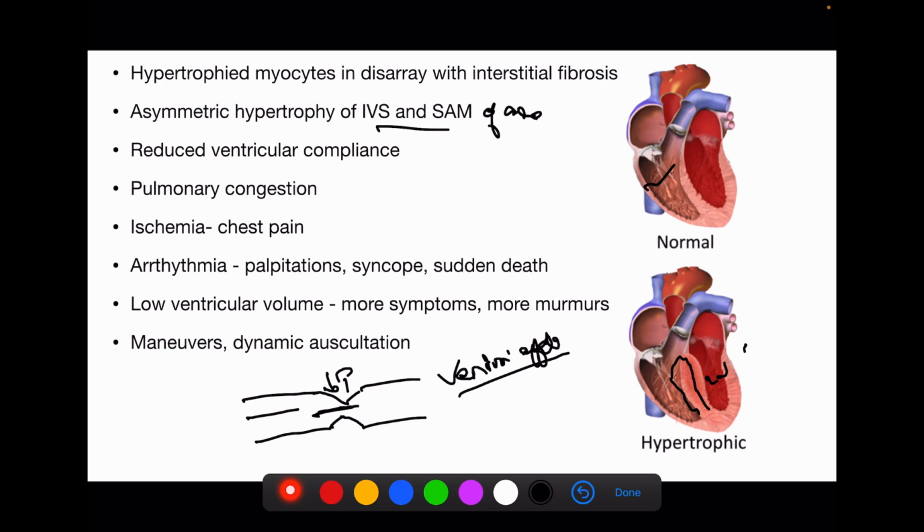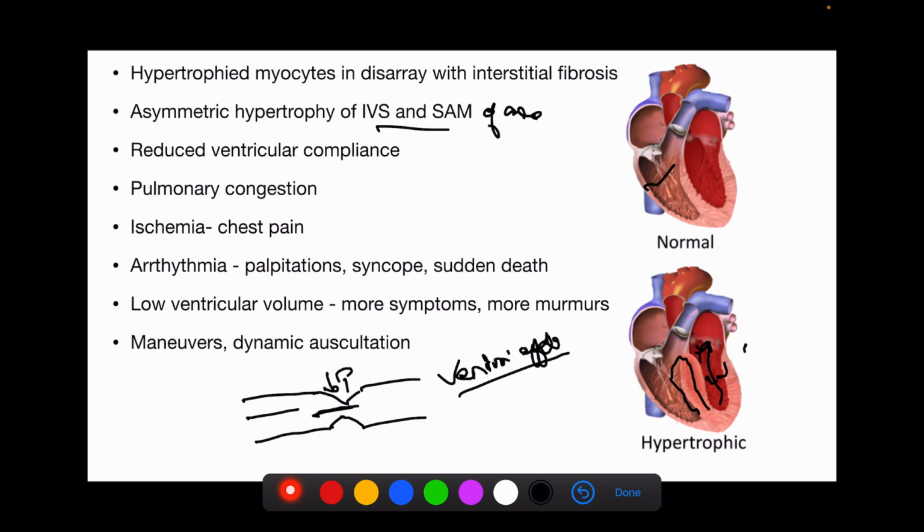So when there is a fall in pressure, a drop in pressure tends to drag things towards that. So as the blood is flowing through this narrow area, the Venturi effect comes into play, and because of that, the anterior mitral leaflet also gets sucked into the left ventricular outflow tract. So because of this, there is further narrowing of the left ventricular outflow tract and worsening of the symptoms.